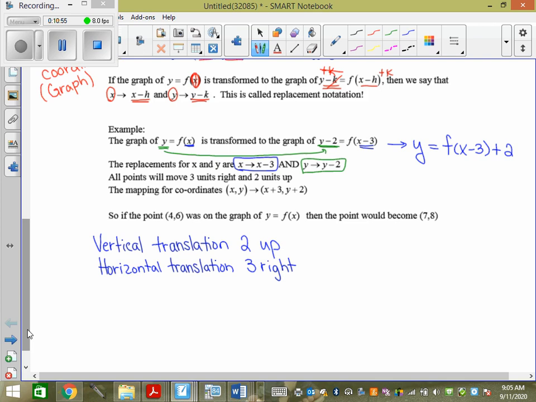Okay? So if we do mapping, mapping originally was X, Y. Mapping and words, these are BFFs. They're just two separate ways. I always do this. Mapping, words.